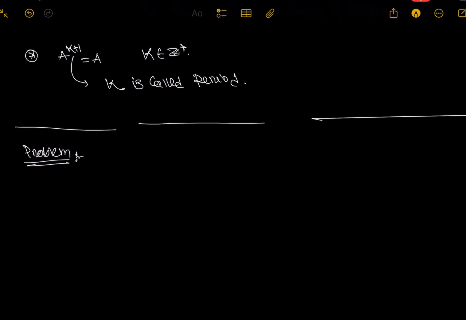The basic concept of matrix. Then we discuss some problems for this concept only. If A is a matrix in M n cross n of R with real entries, for n greater than or equal to 2, then which of the following is or are true? 1.